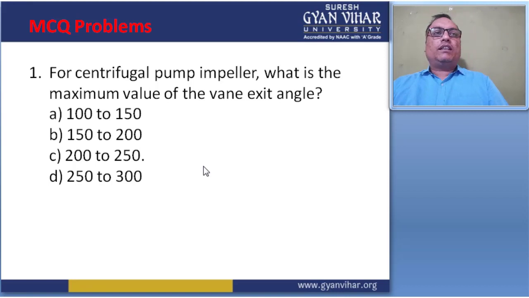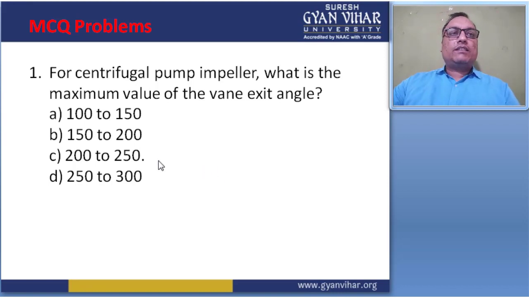Four options are given: A is 100 to 150, B is 150 to 200, C is 200 to 250, and D is 250 to 300. So the correct answer is C, the exit angle of 200 to 250 degrees.